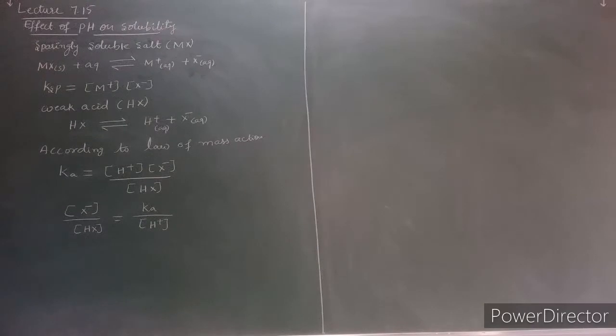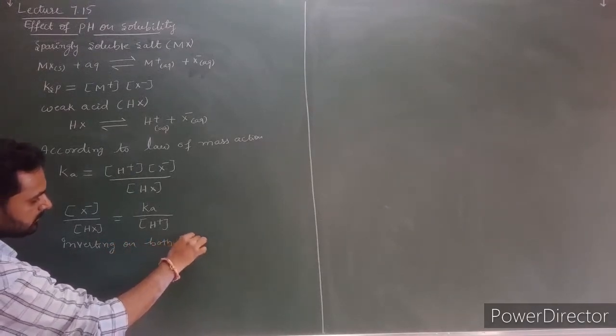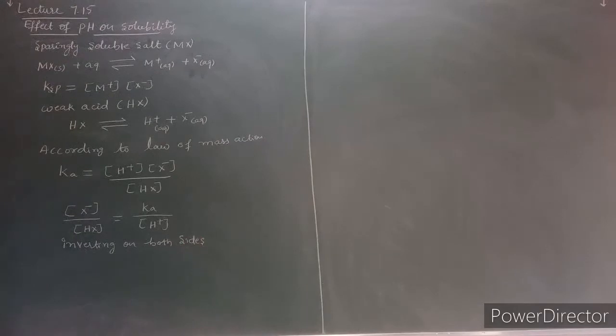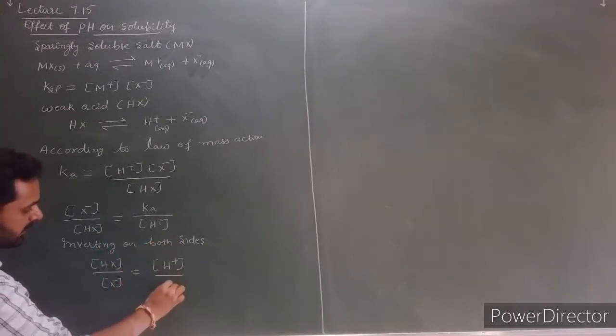Next, invert both sides. Inverting on both sides means just reverse these terms and write it. The molar concentration of HX divided by the molar concentration of X- is equal to the molar concentration of H+ divided by Ka.